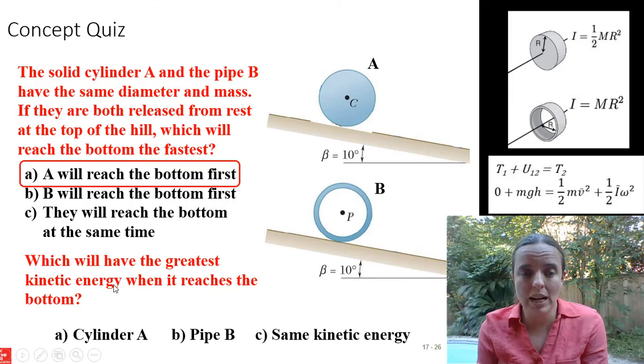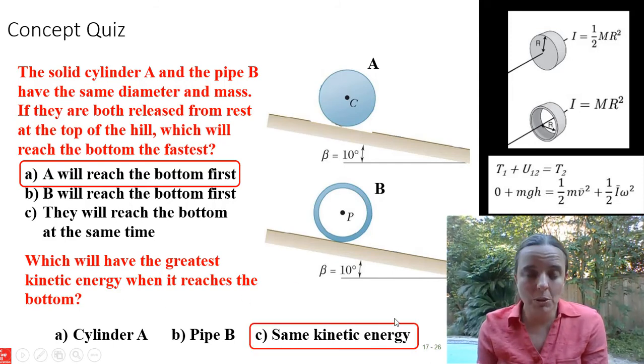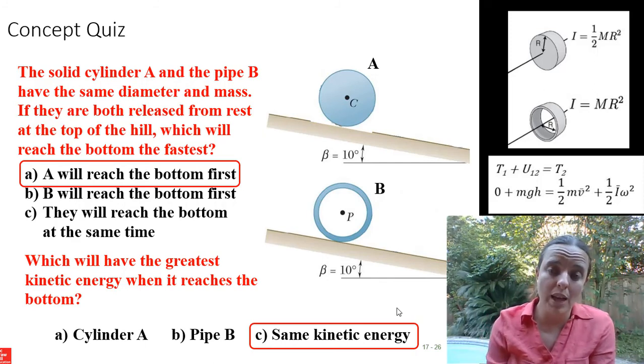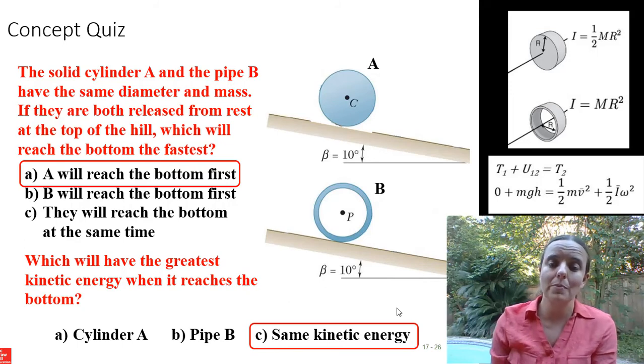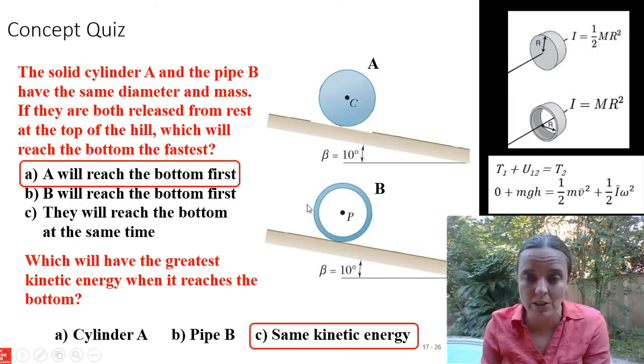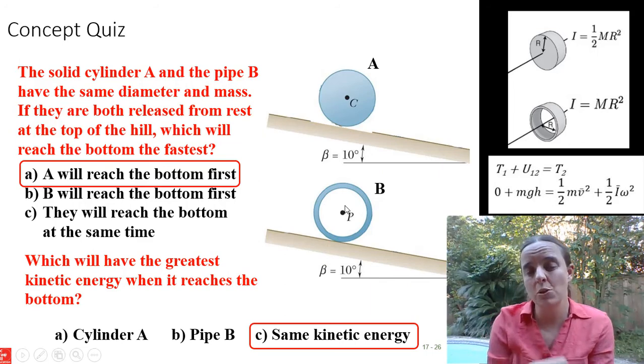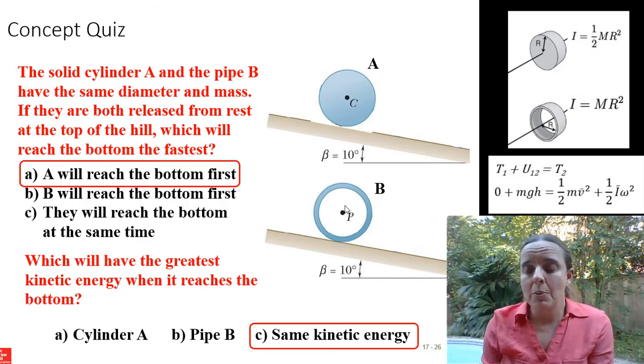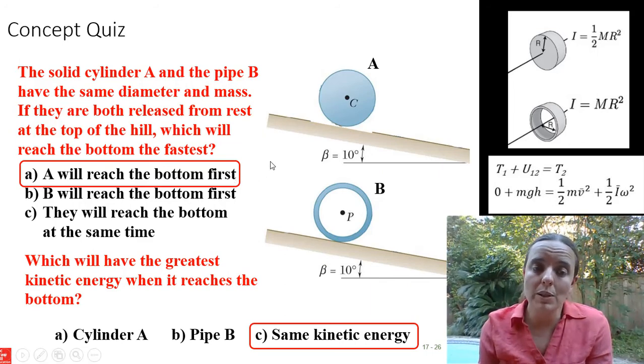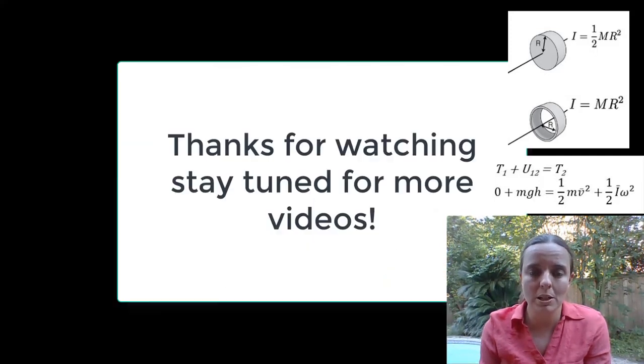So which will have the greatest kinetic energy? If you add 1/2 m v squared plus 1/2 I omega squared, translational plus rotational, they add together to the initial mgh. They both add to the same number. But how much is in rotational versus translational energy is what's going to control which one reaches the bottom first. So the one with the largest translational energy will reach the bottom first.